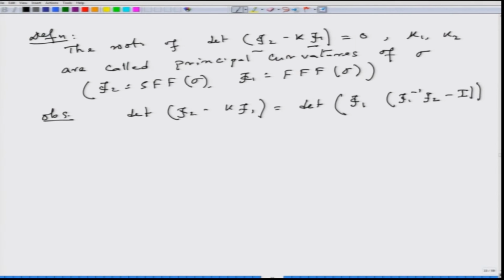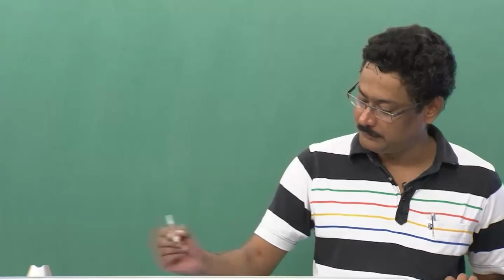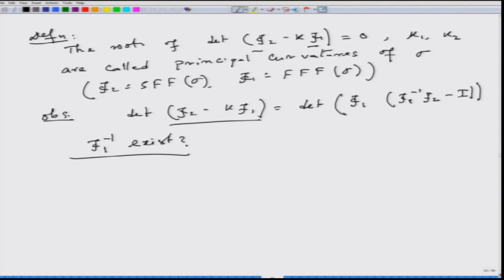What I have done is just multiplied from the left with F1 and F1 inverse. But who told me F1 inverse exists? We have not checked it, right? Who told me this exists? Well, this is simple to check.